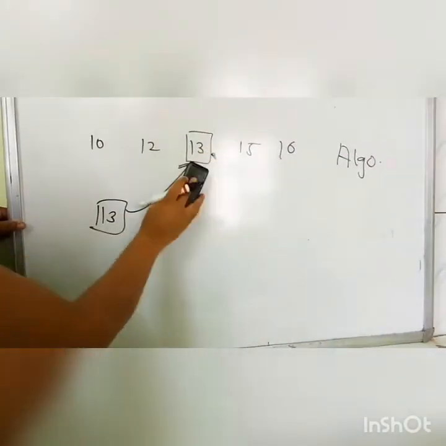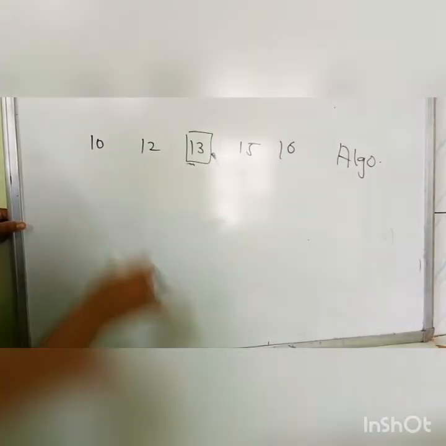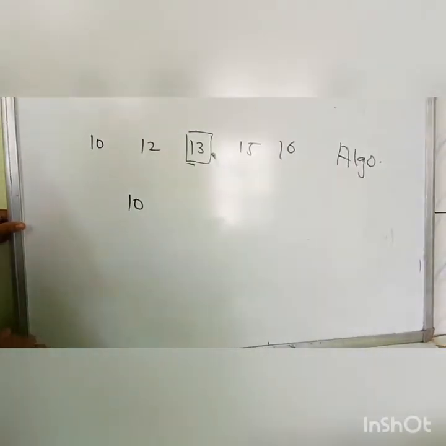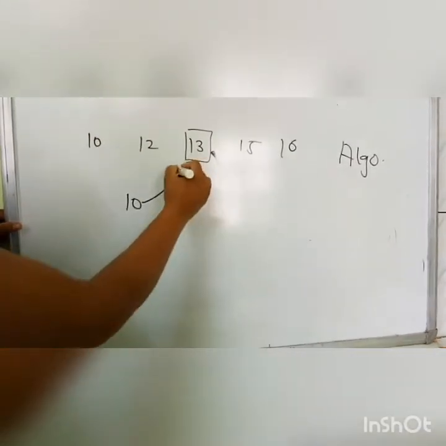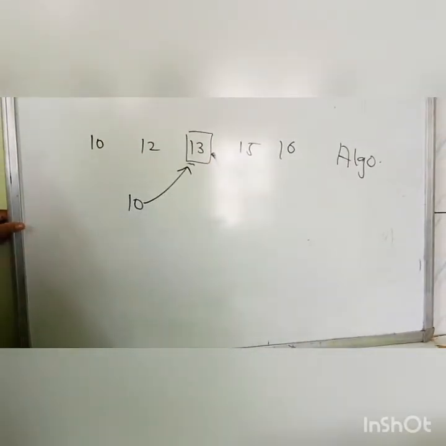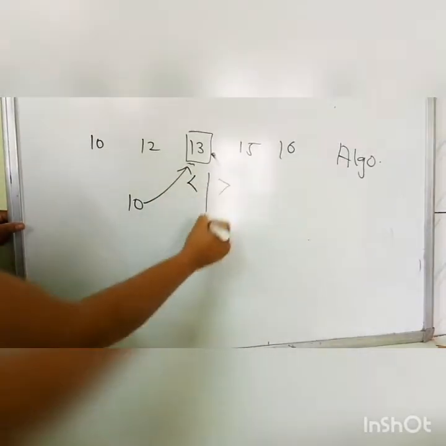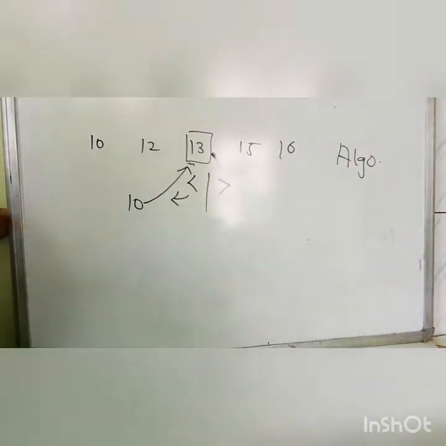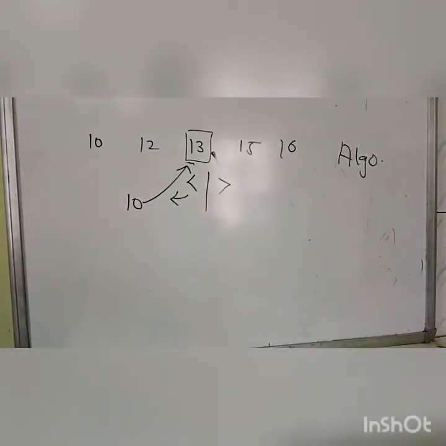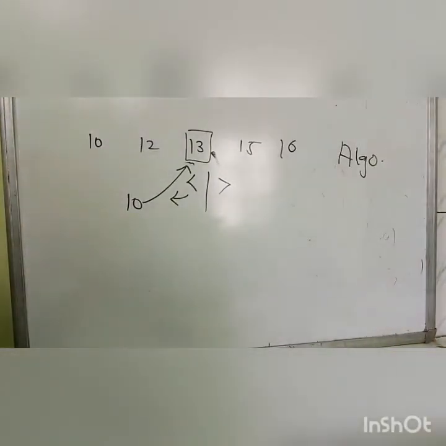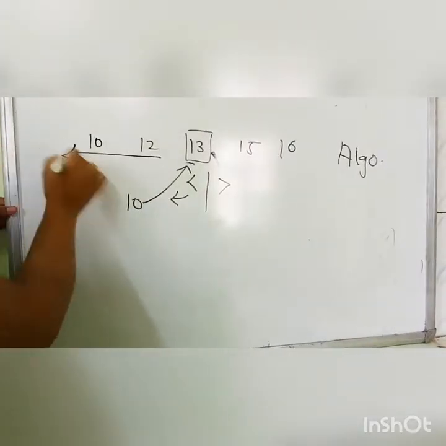If not, means if we have to find 10 as a searching element, it compares it with 13 and it is not equal to 13, then it will check for less than or greater than. As we see here, 10 is less than 13, so it will go to the left half of the array, means it will search in this portion.